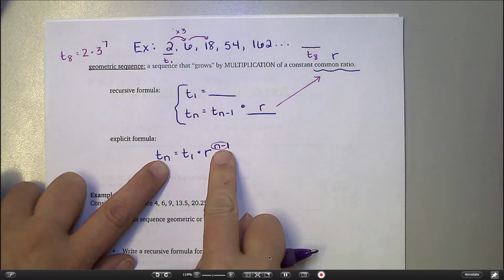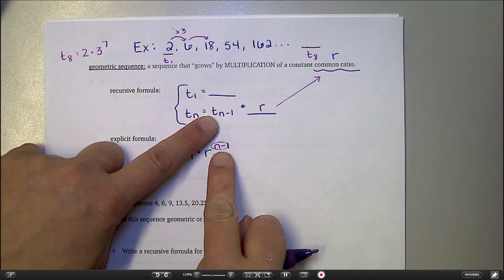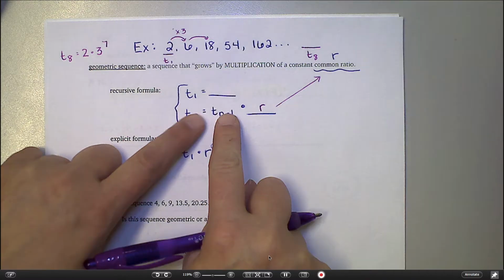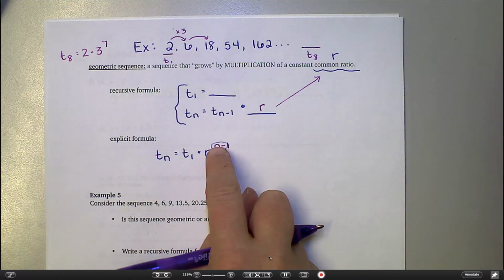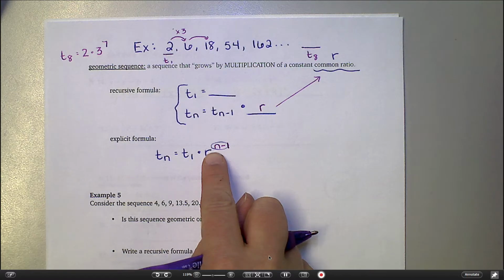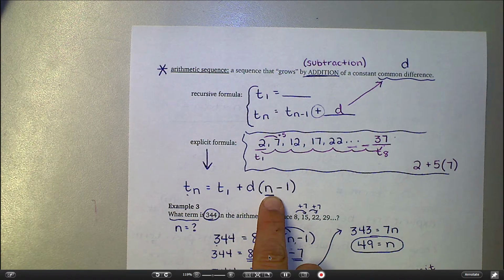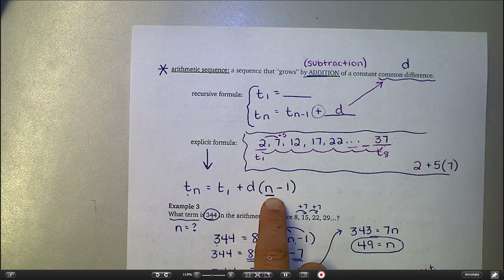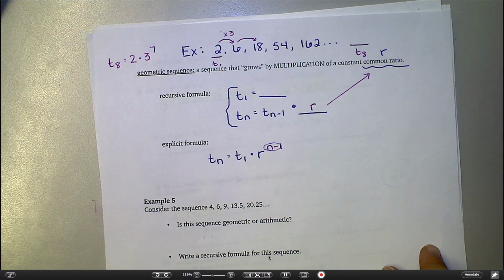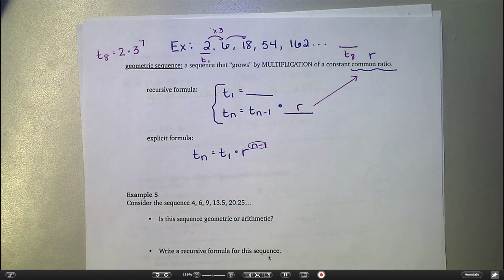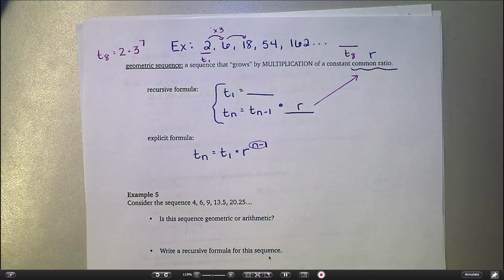Now, this n minus 1 is not the same as the other n minus 1. That one is talking about a previous term. This is talking about the number of jumps that you're taking. This n minus 1 is more similar to when we were doing the arithmetic sequence and we had an n minus 1 there. It's the same idea, that you would want to multiply 1 fewer times than where you actually want to get to, because you're going from 1 to that position.